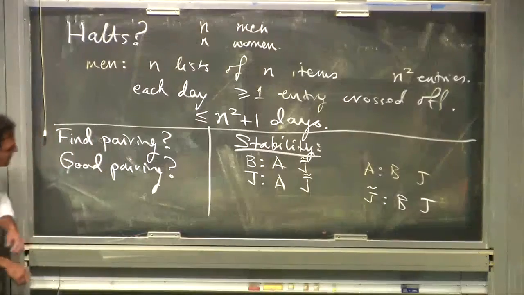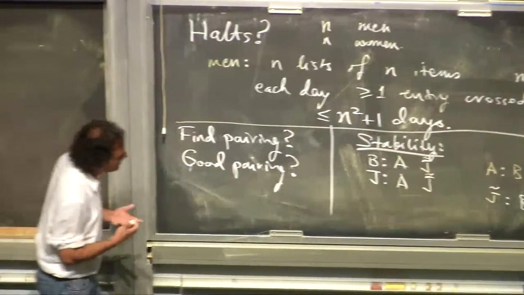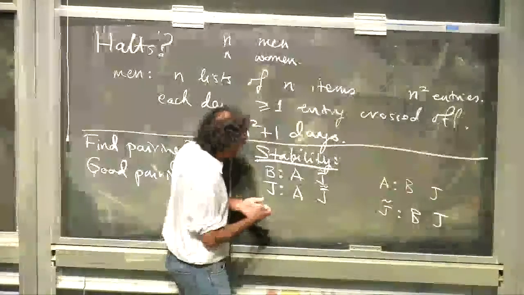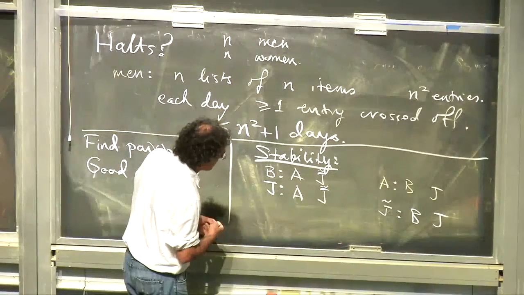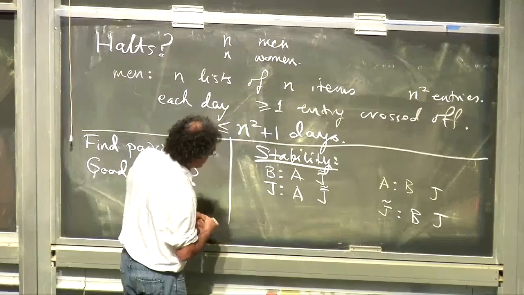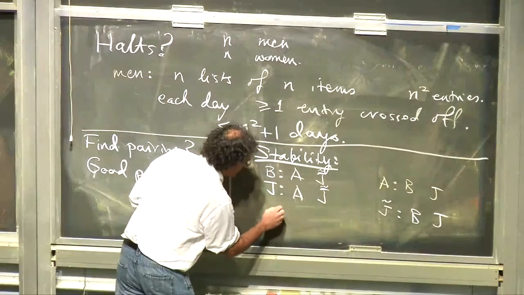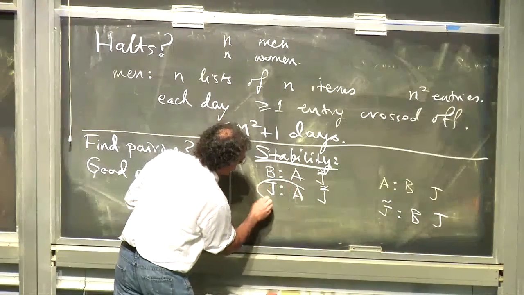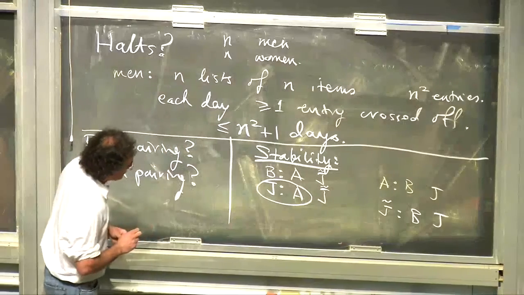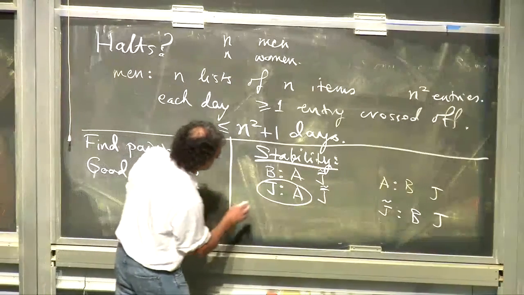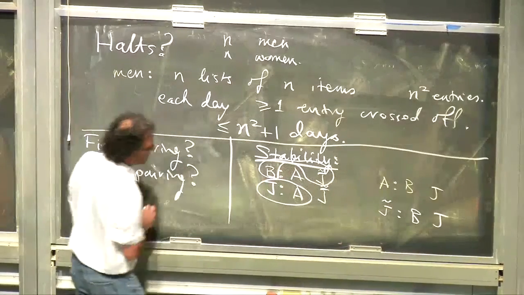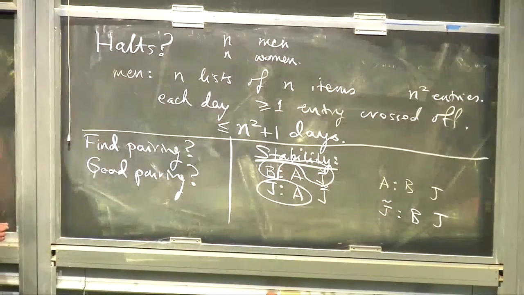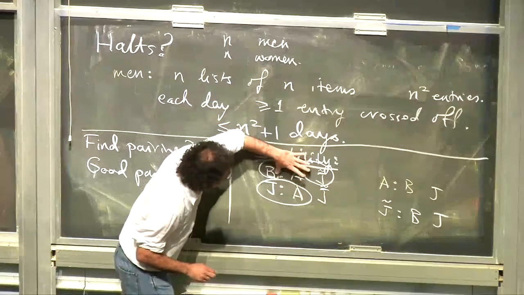Okay. And so now, suppose you create a pairing. Suppose you matched up Justin with A. So you created this matching, this pairing.